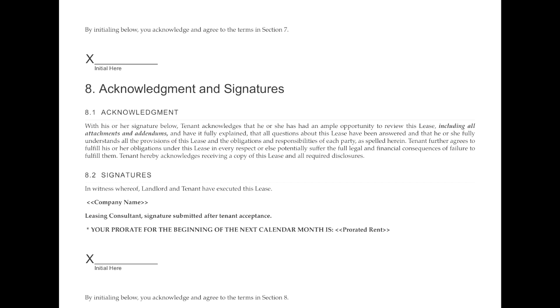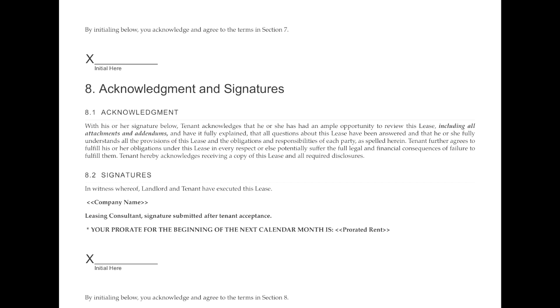8.1, acknowledgement. With his or her signature below, tenant acknowledges that he or she has had an ample opportunity to review this lease, including all attachments and addendums, and have it fully explained, that all questions about this lease have been answered, and that he or she fully understands all the provisions of this lease and the obligations and responsibilities of each party as spelled out herein.